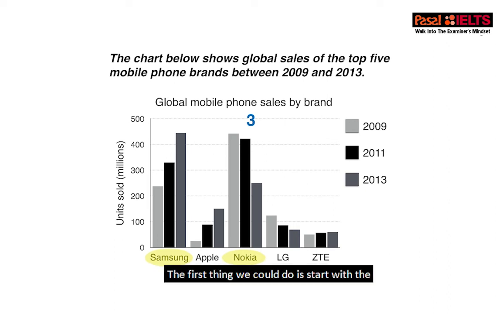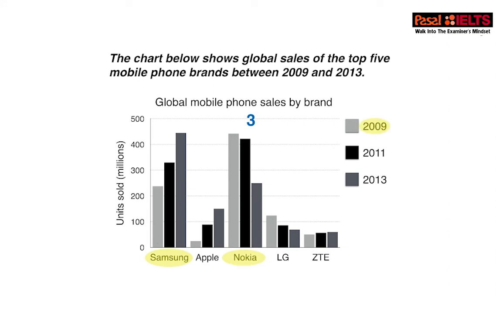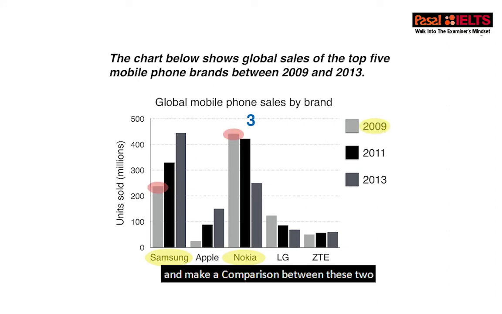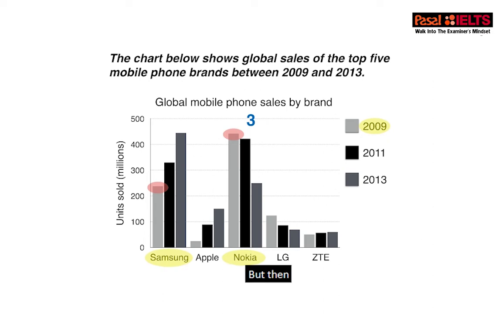Well, the first thing we could do is start with the first year, 2009, and make a comparison between these 2 figures. But then we could say what happens over the next 4 years. 2011 and 2013, we get this decrease in the numbers of sales by Nokia.